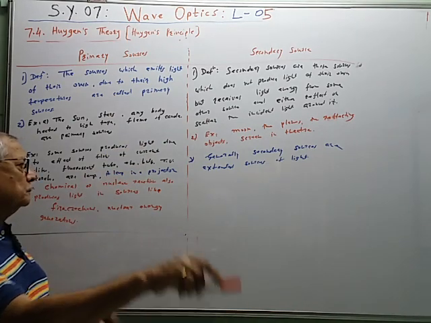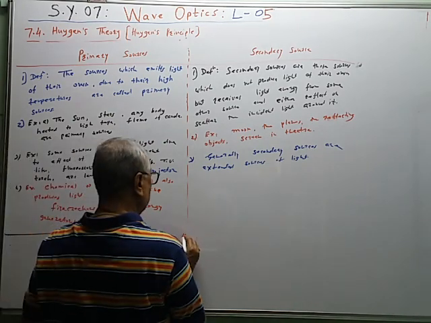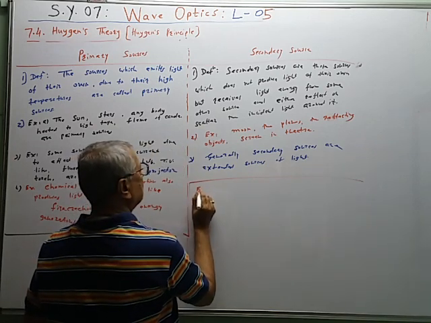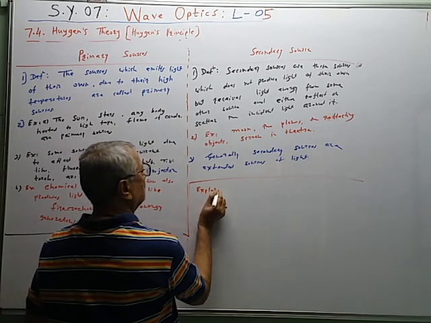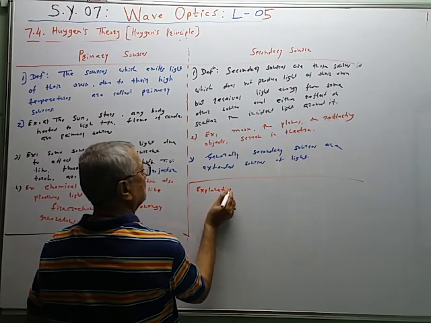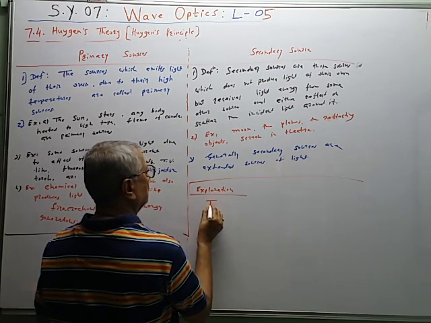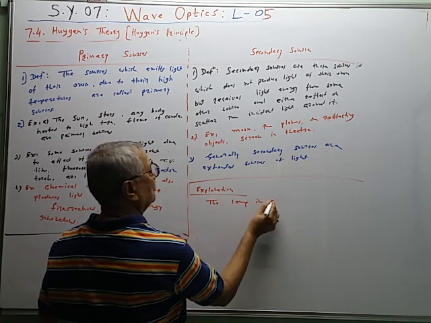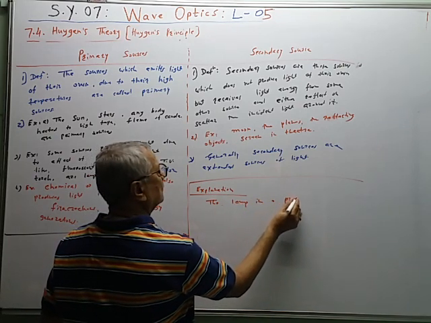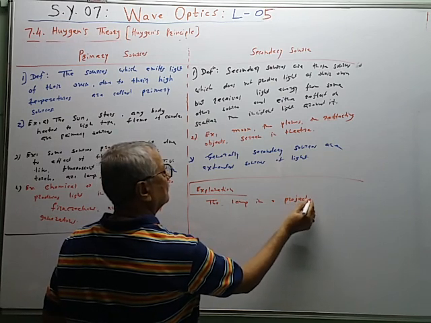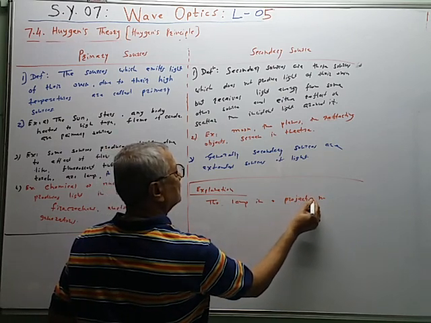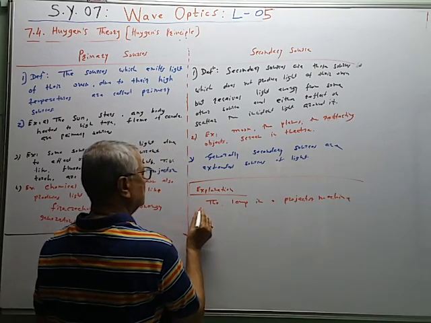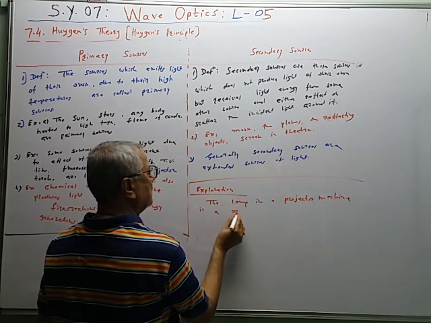Now after this table explanation, the lamp in a projector machine is a primary source.